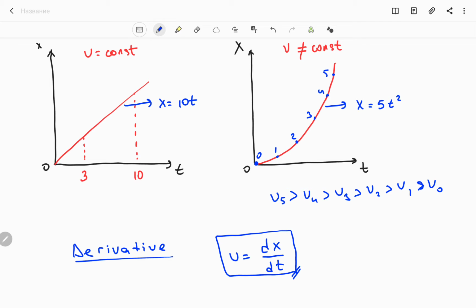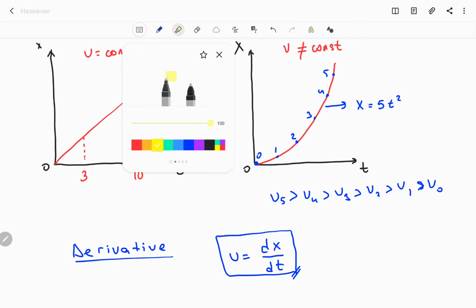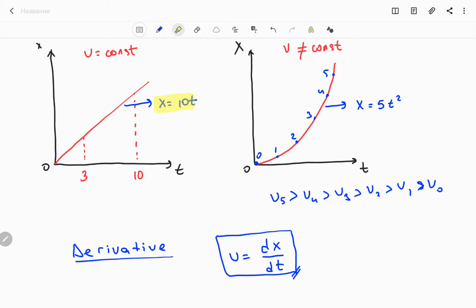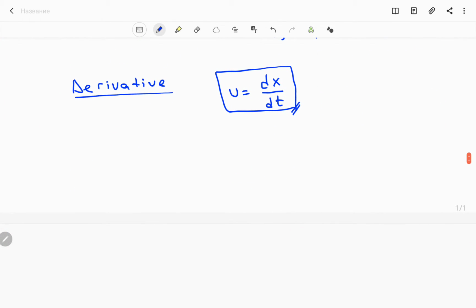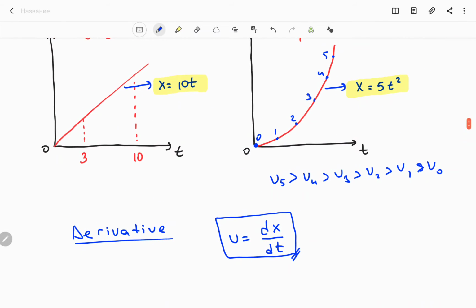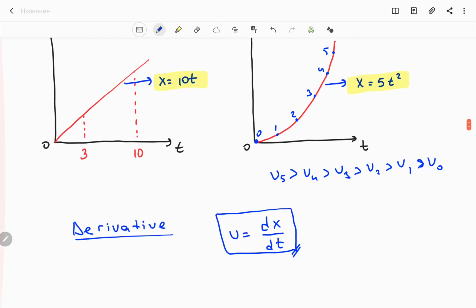When you take the derivative of this equation with respect to time, it will give you velocity. Here too, when you take the derivative of this x with respect to time, it will give you velocity. So here you need to remember about derivatives. For example, let's find the instantaneous velocity for the second graph.